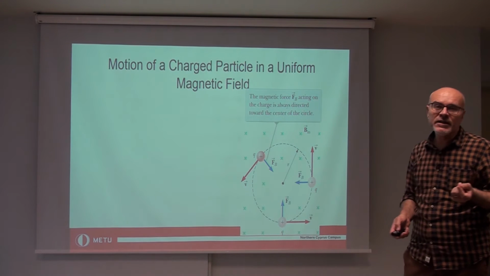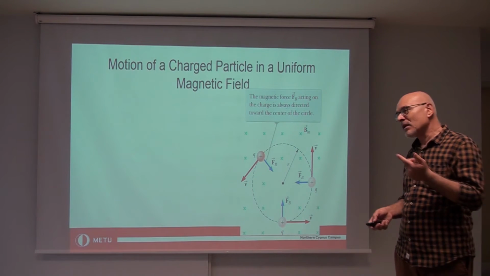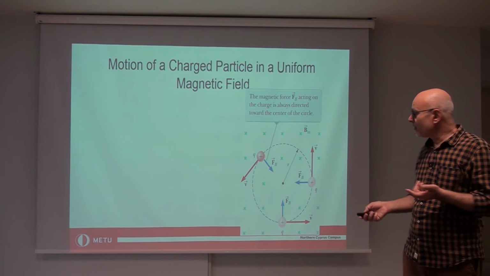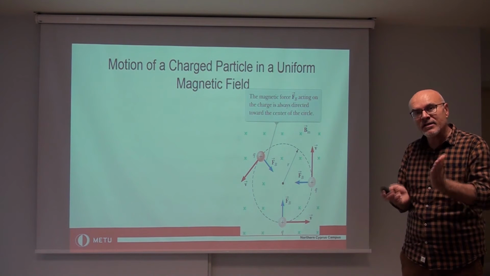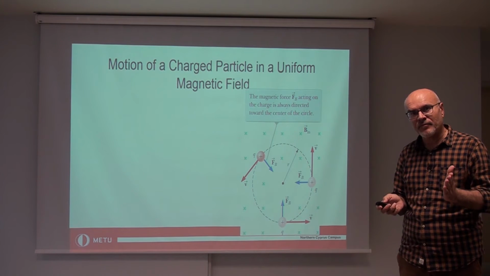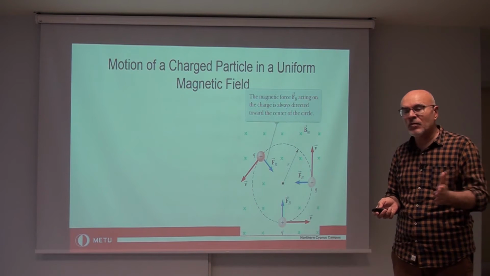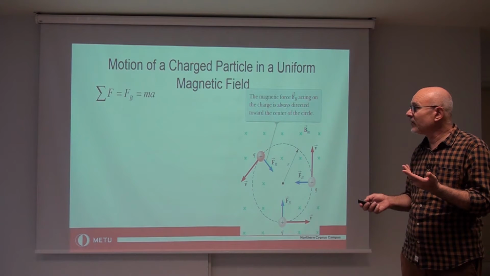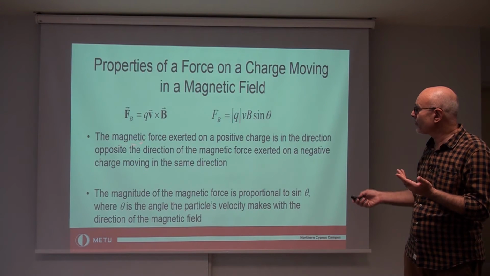Of course, the question here is, why is the speed constant in this case? Well, simply because the force is normal to the velocity all the time, okay? This is from the definition of the force here.